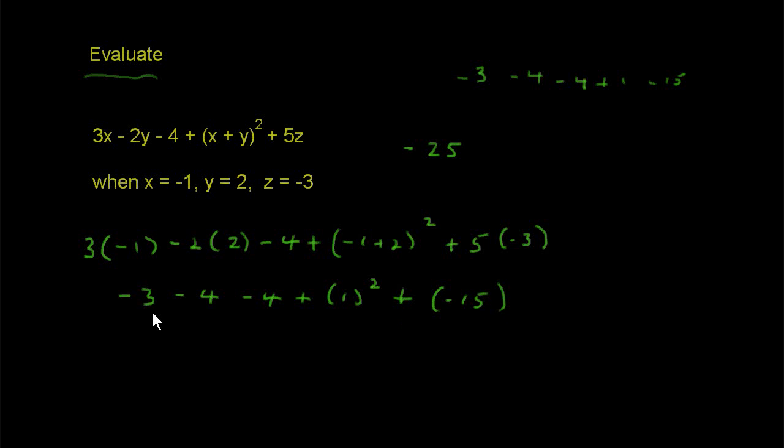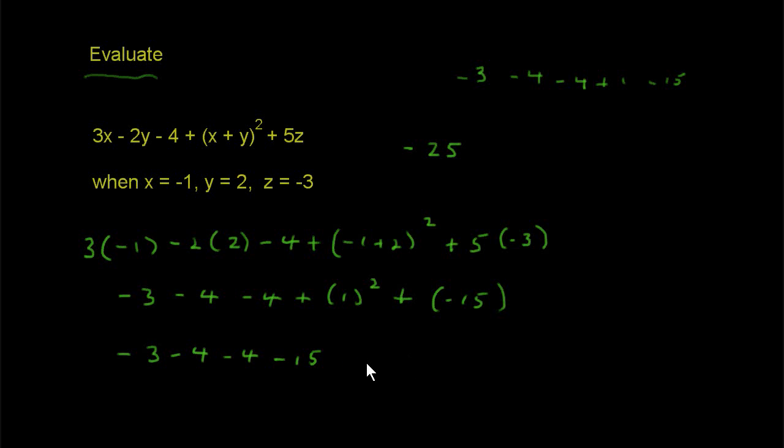Okay, let's see, what do we have in the way of negative things? We have a total of, I better write them down, -3, -4, -4, and also a -15 out here. Really, I could be writing plus -4 plus -4 plus -15.